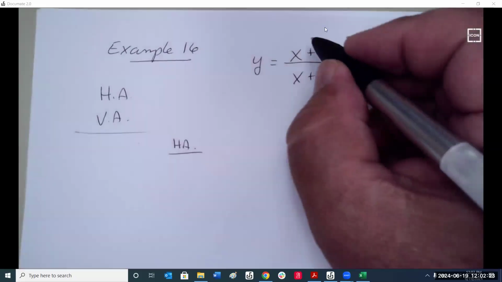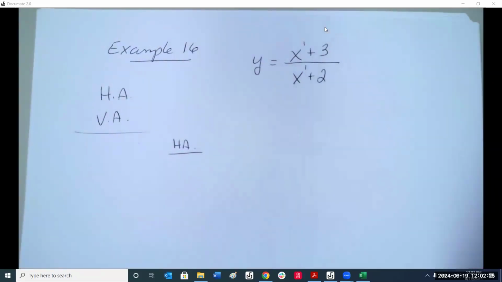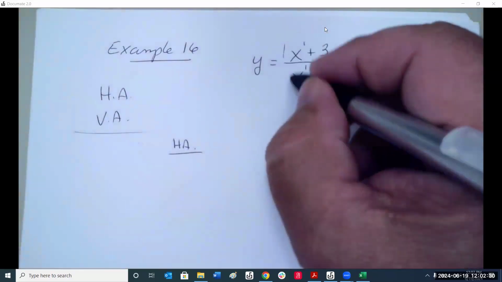Yes, because as we said, the degrees of both the numerator and the denominator are the same, then it's the coefficients.